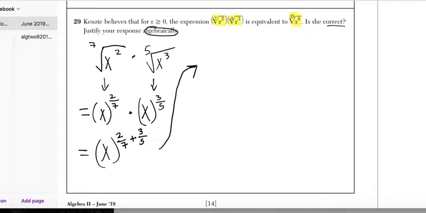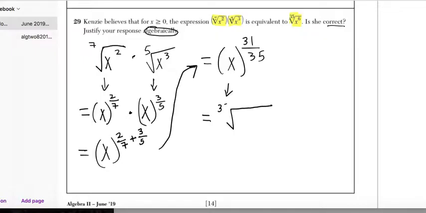So this becomes x to the 31 over 35. If we convert this back into radical form, we insert the radical symbol. The denominator of the exponent becomes the index or root, the base goes in the radical symbol, and the numerator of the exponent, which is 31, is the power.